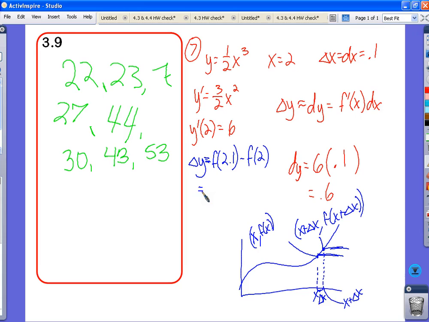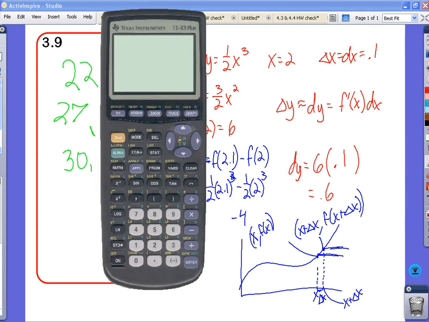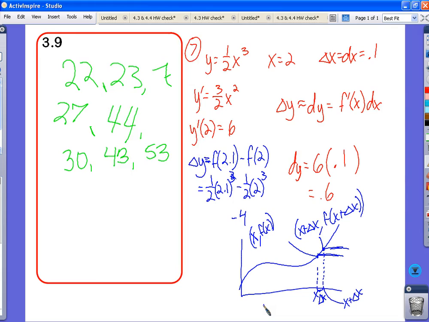F of 2.1 is 1/2 times 2.1 to the third, minus 1/2 times 2 to the third. Well, this is 4, and this is 4.6305. So when you take 4.6305 and subtract 4, we're left with 0.6305.